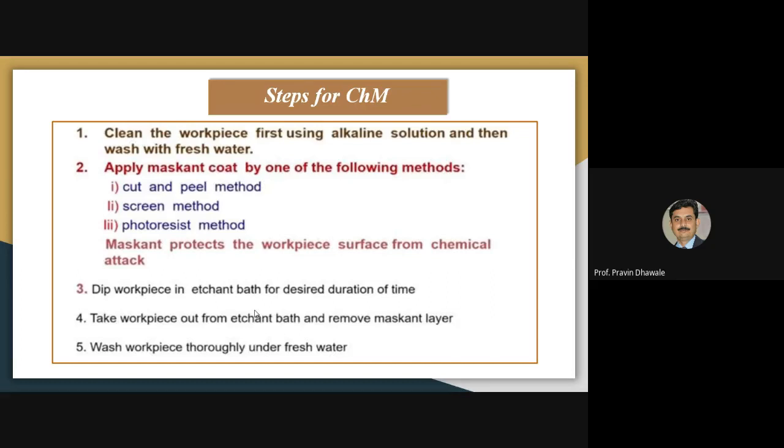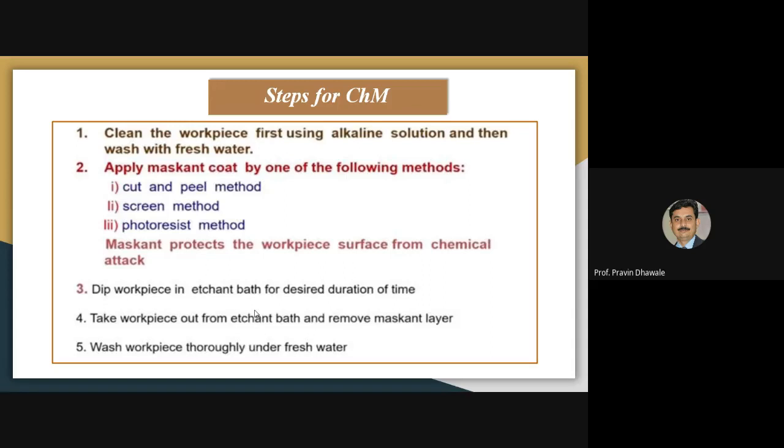Third step, after applying the maskant over the workpiece, that workpiece is dipped in an etchant bath for a desired duration of time. You have to dip that workpiece in an etchant container for a particular set of time.